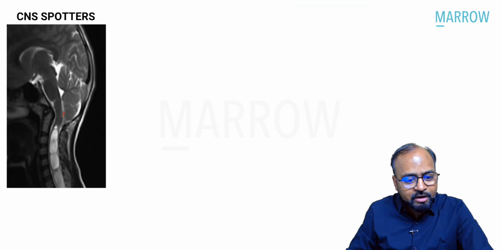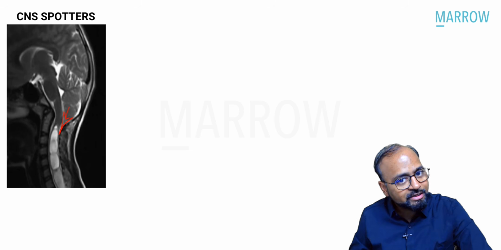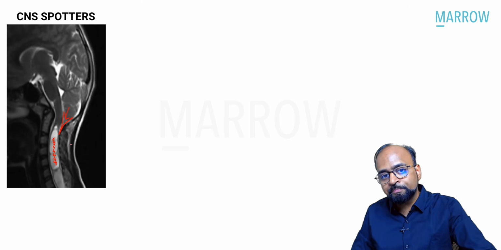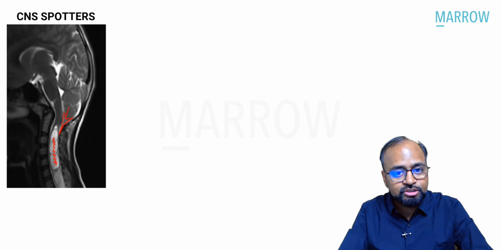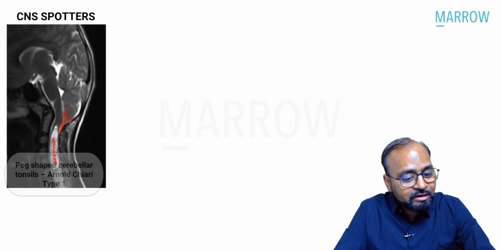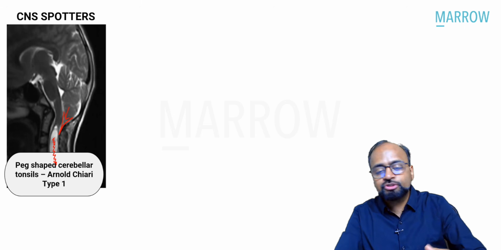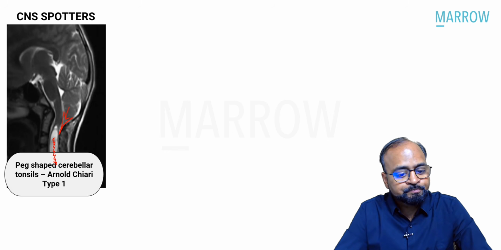If you see a typical peg-shaped, elongated cerebellar tonsil, which is herniating down into the cervical spinal canal, and as a result of it, you can see this syrinx which is forming inside the cervical spinal cord, then this finding of a peg-shaped triangular cerebellar tonsil along with a spinal cord syrinx is what is seen in Arnold-Chiari type 1 malformation. So a peg-shaped cerebellar tonsil along with syrinx within the cervical spinal cord is an Arnold-Chiari type 1.